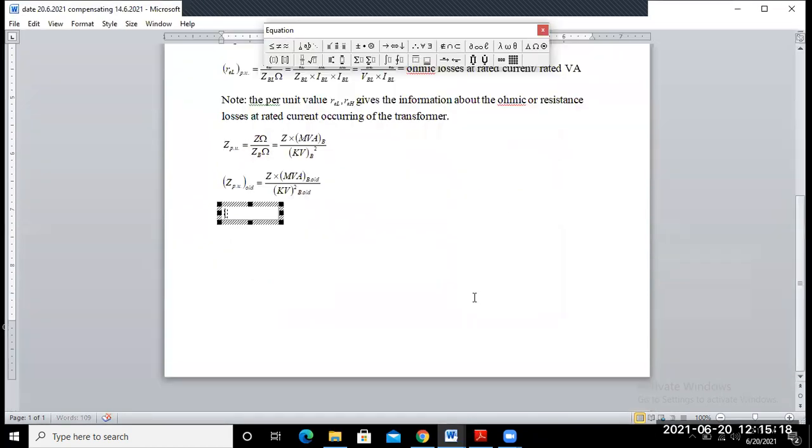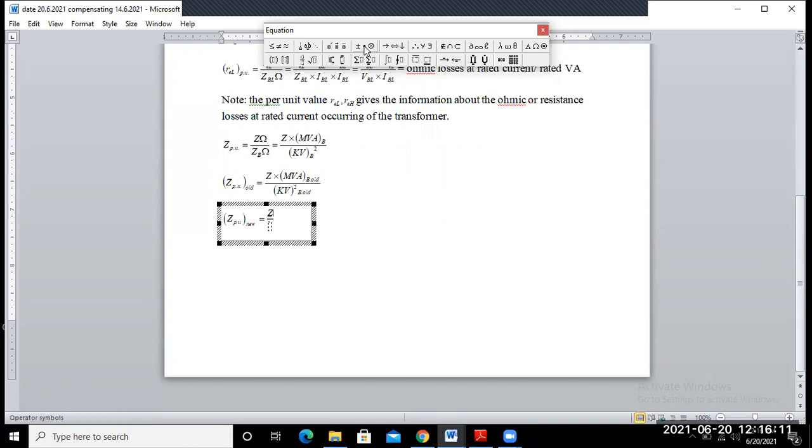So the new per unit value of impedance is equal to Z in ohm into MVA base new divided by kilovolt base new.